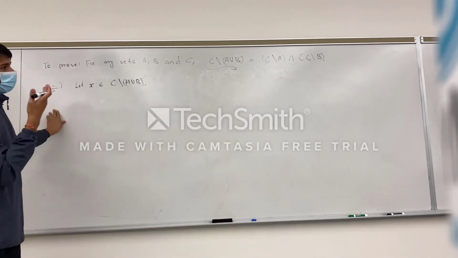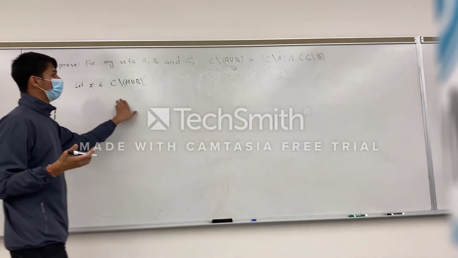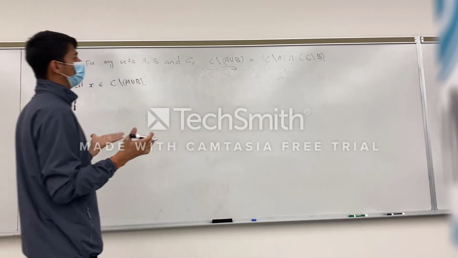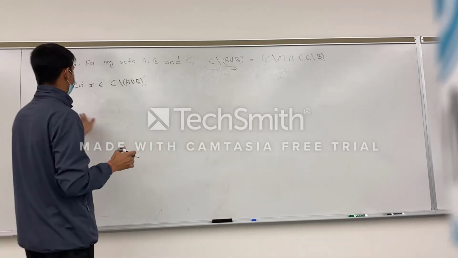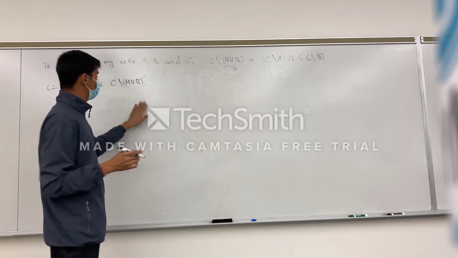So let X be any element of the first part, which is the set difference of C and A union B. Now let's talk about what it means, the set difference of C and A union B.